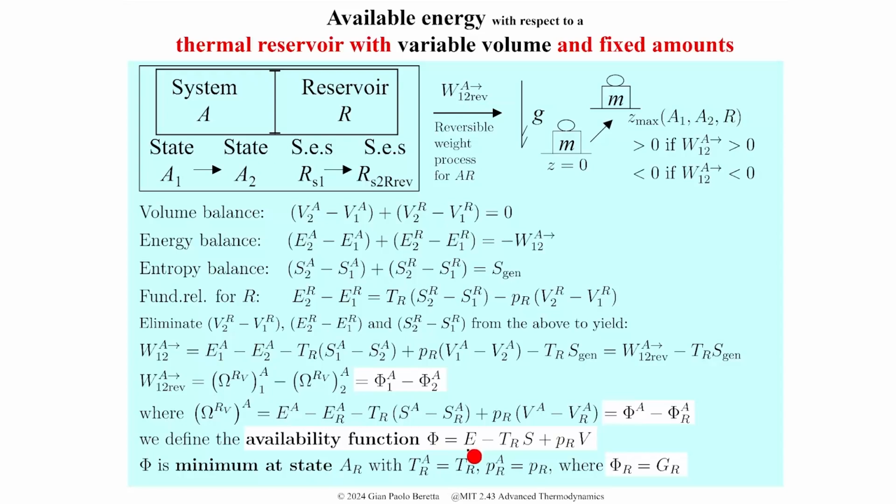And we may notice that this looks like, but is not, the Gibbs free energy, except when the system is in mutual equilibrium, in the state of mutual equilibrium with the environment. In that case, TR is also the temperature of your system A, and therefore this is the Gibbs free energy.